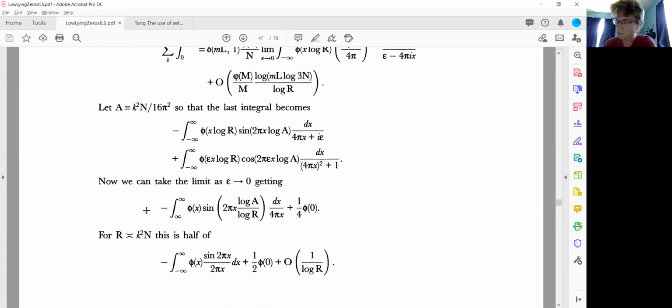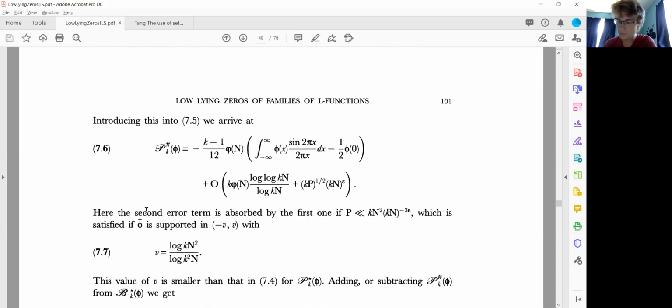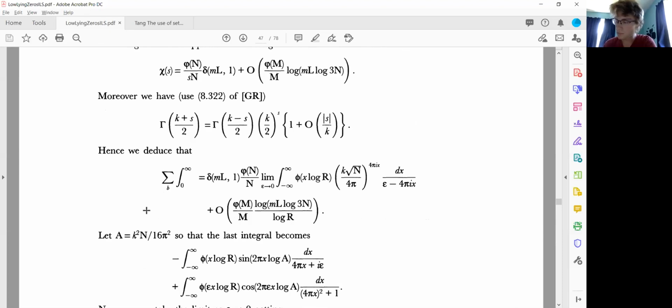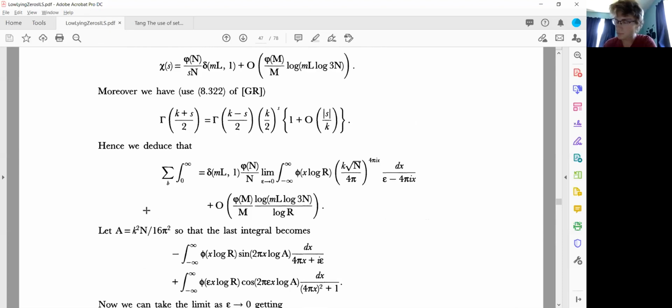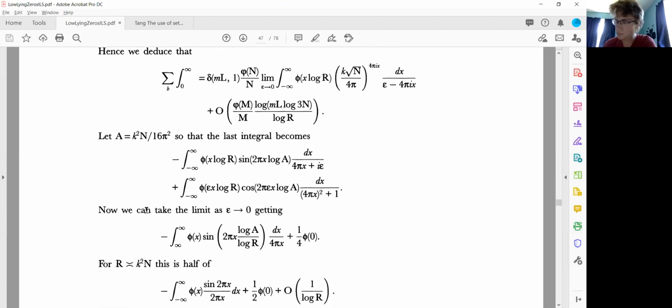So let me see what's going on there. They say that the cosine piece just vanishes. Okay. So why would the cosine piece vanish as epsilon goes to 0?